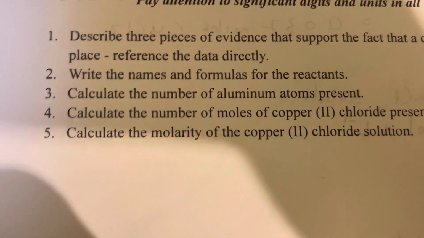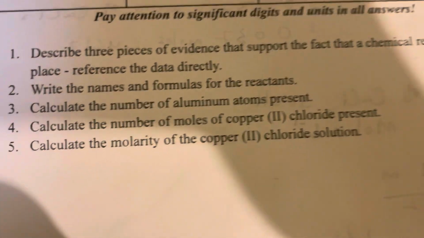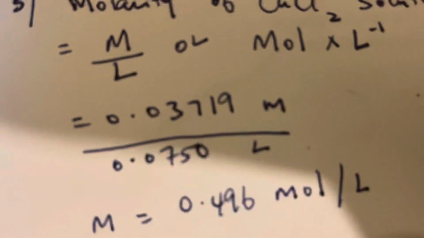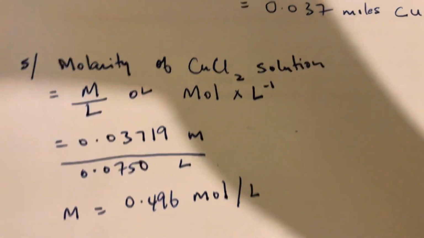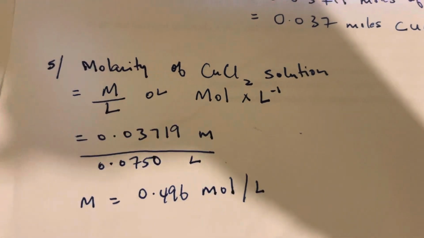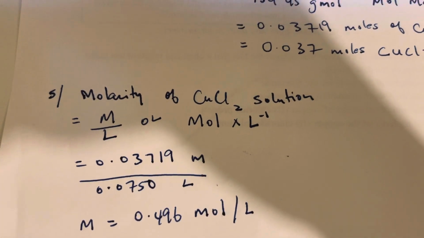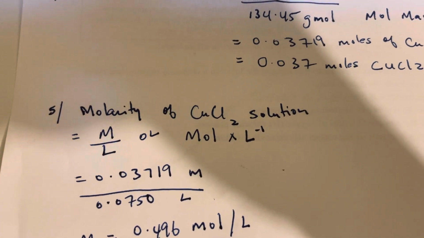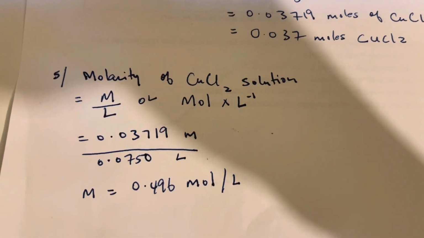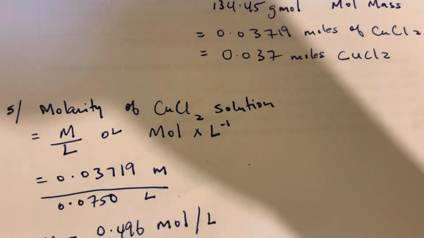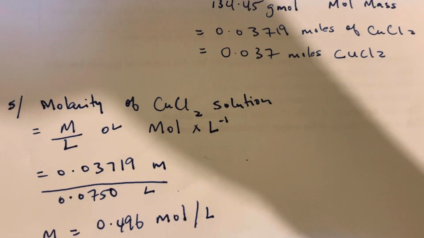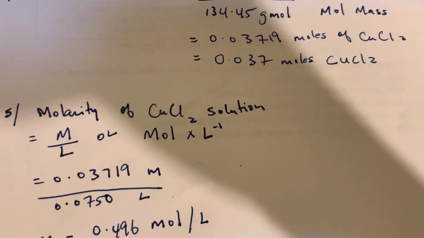For the last one, which is the fifth one, it asks to calculate the molarity of copper 2 chloride solution. So basically, from my understanding, from all the YouTube videos I looked at, you have to divide the mole by the liter.